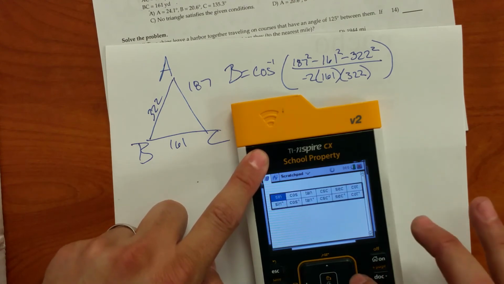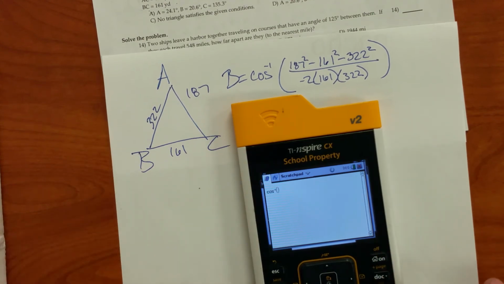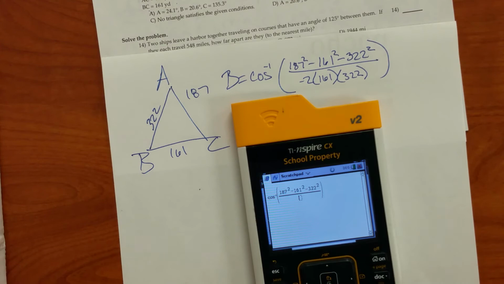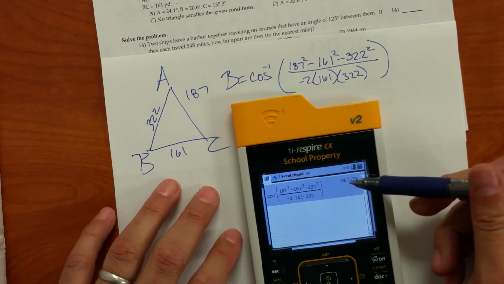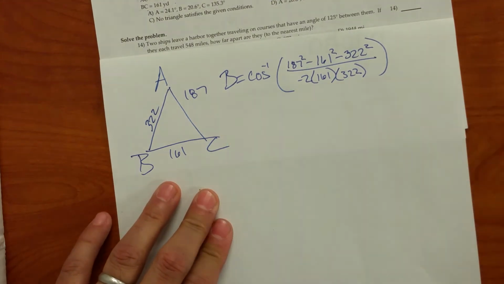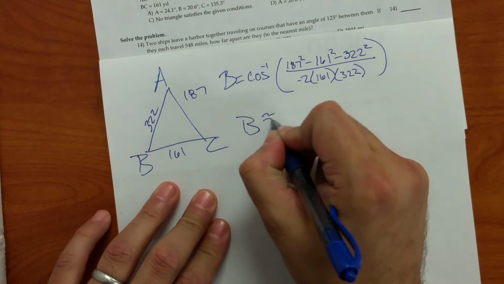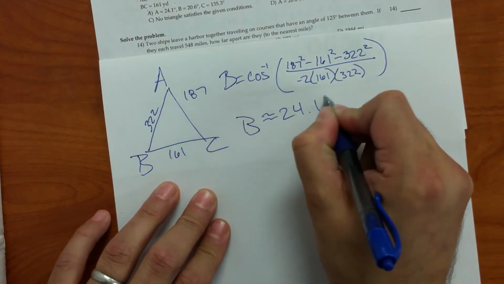So start with inverse cosine, and I go with 187 squared minus 161 squared minus 322 squared over -2 times 161 times 322. Close the parenthesis right there. And my answer is going to be 24.1 degrees, so B is about 24.1 degrees.